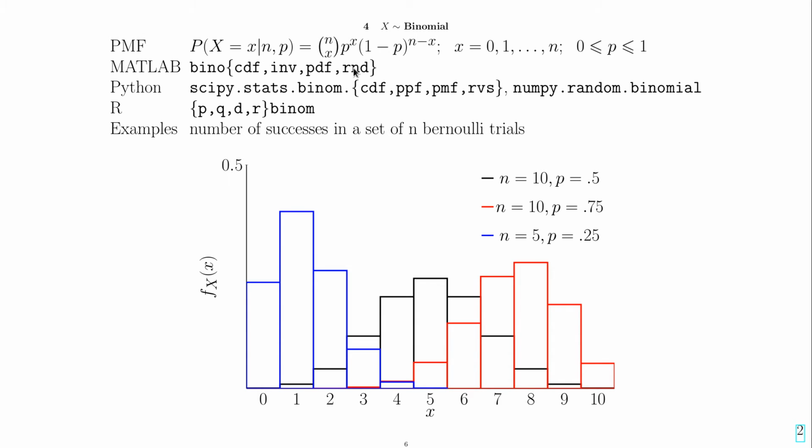So it ends up being n choose x times p, the probability of success, to the number of successes. And in this case, probability of failure to the number of failures.